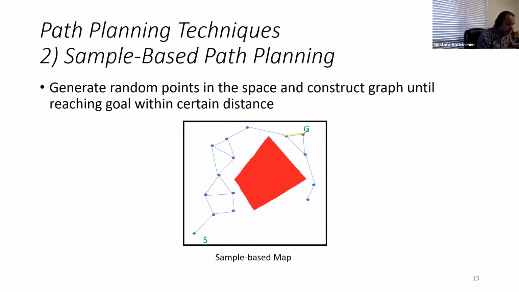Then you can determine that this is the shortest path between the source and the goal, and that's it. Your criterion here is that if the robot follows this path, it will move a shorter distance, so it will reach its goal in shorter time.